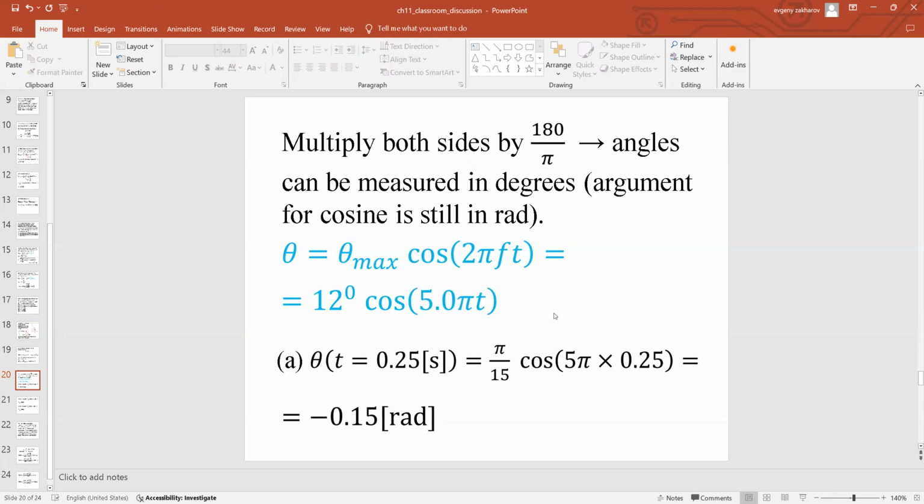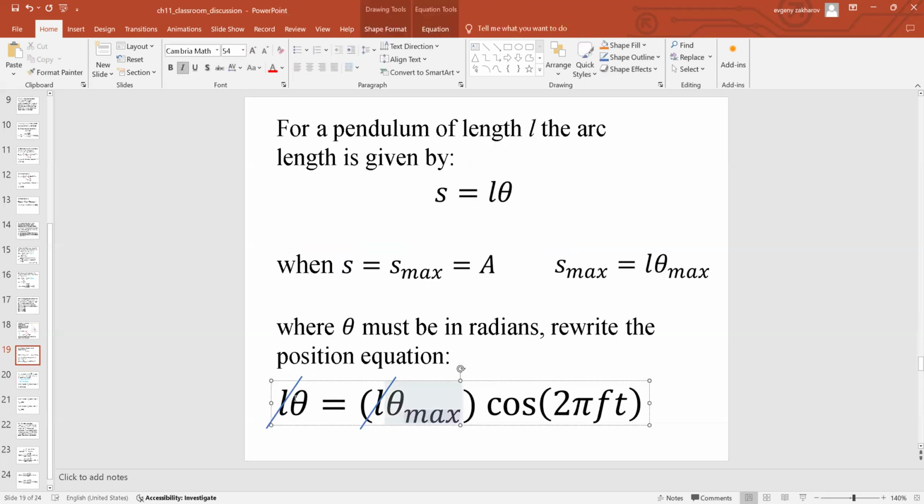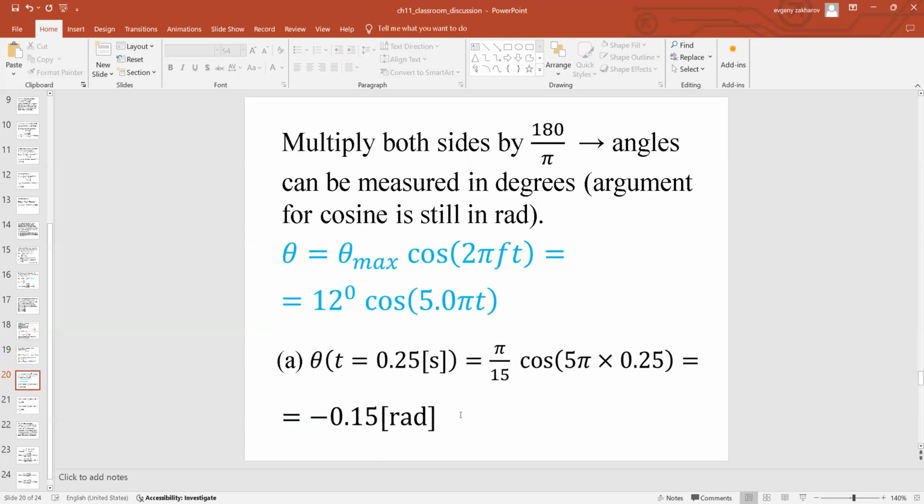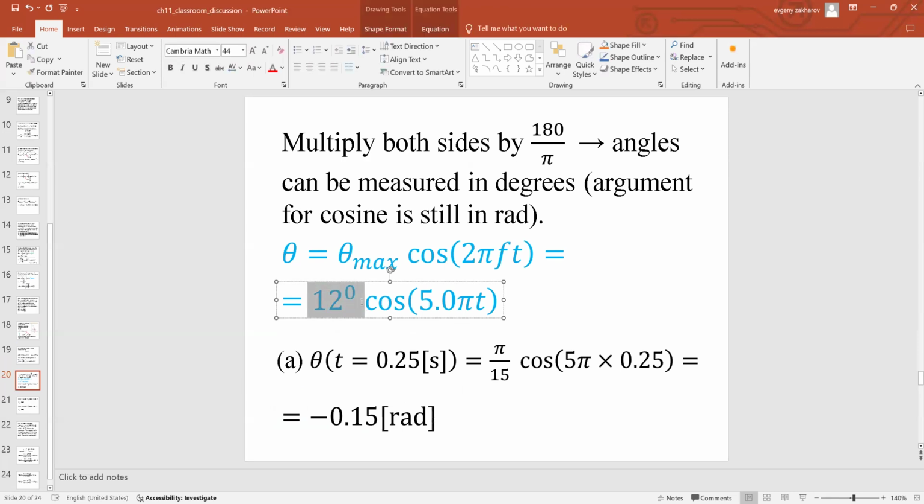Don't do it, just keep it in radians. Convert 12 degrees into radians and do it like that. That would be a better way. I'm just trying to simplify everything in terms of you solving it, but your best bet is look at this equation. You have theta. You have theta maximum. Theta maximum is 12 degrees, but you can't do degrees. Keep it as radians. Convert that 12 degrees into radians. Don't use 12 degrees.